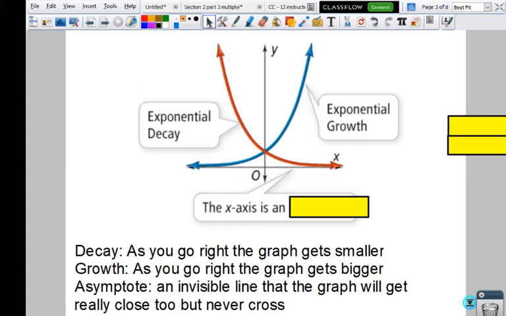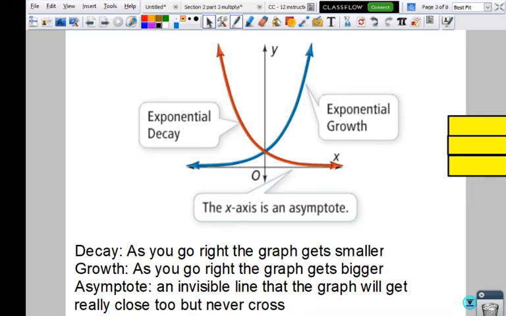And exponential functions also have what is called an asymptote. It's a fun word. In these two exponential functions, the x-axis is an asymptote. So an asymptote is an invisible line that your graph will get really, really, really close to, but it never crosses.